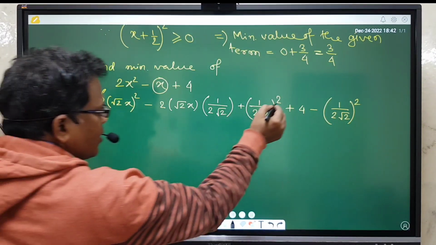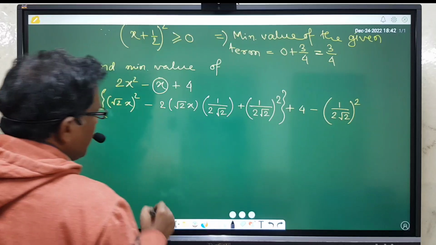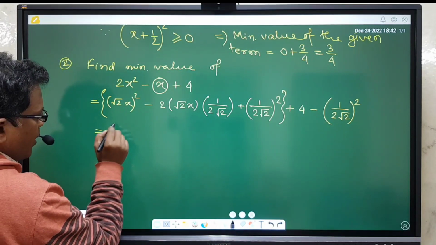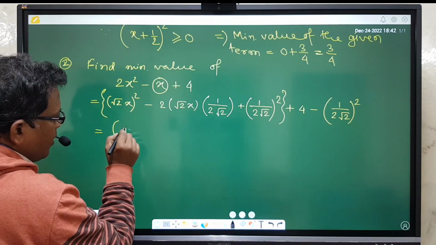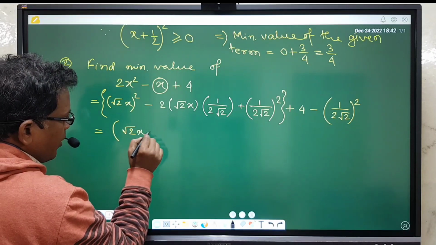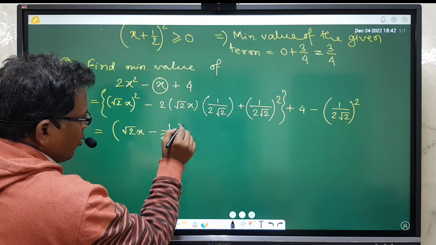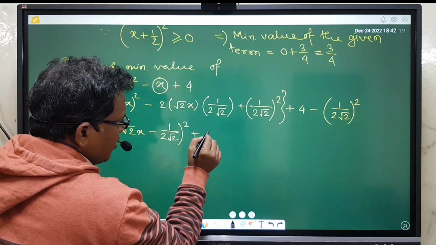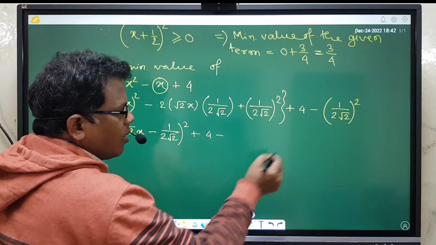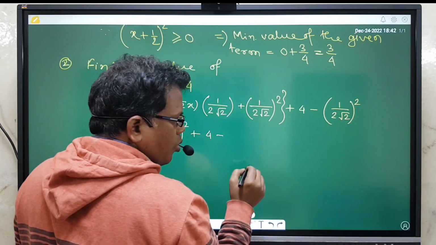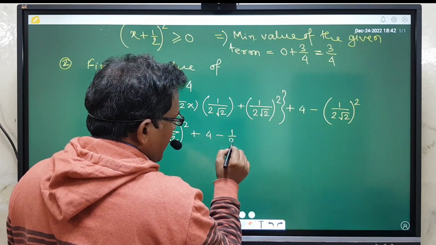So from this to this, it will be a whole square format following a minus b. So a is root 2x, minus b is 1 by 2 root 2. So it's a whole square of that plus 4 minus 1 by 2 root 2 square, which is 1 by 8, isn't it?